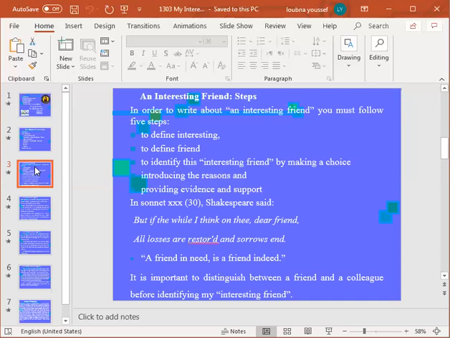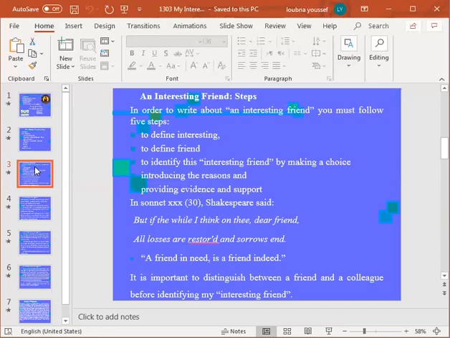In this sonnet, he describes how unhappy he is, how miserable, how many problems he has in life. But at the end of the sonnet, he says, "But if the while I think on thee, dear friend, all losses are restored and sorrows end."